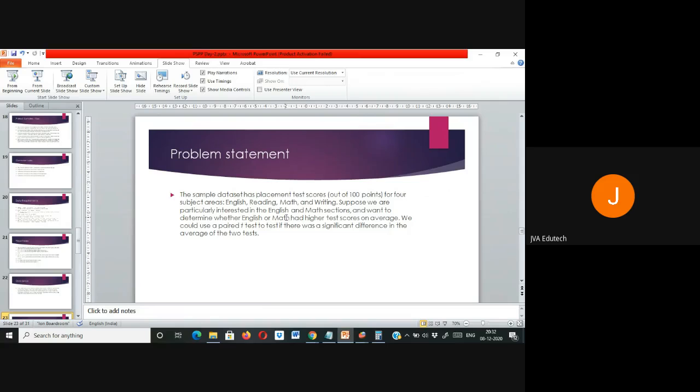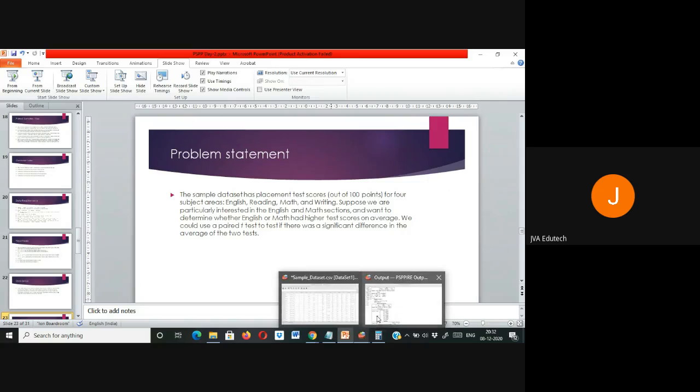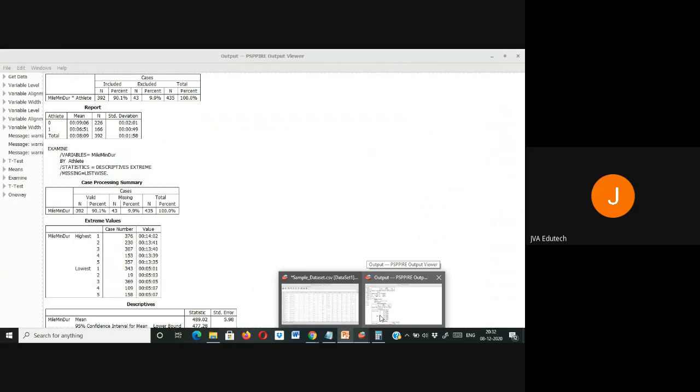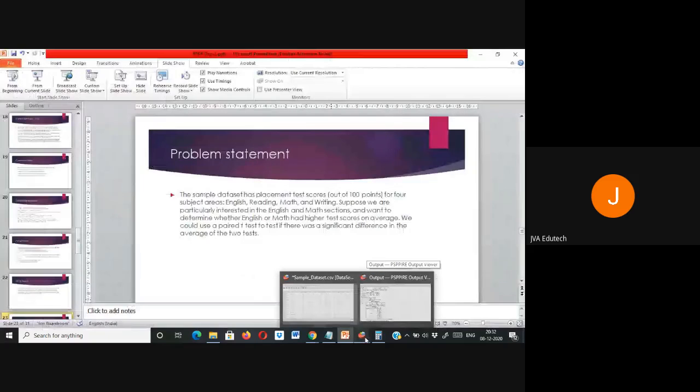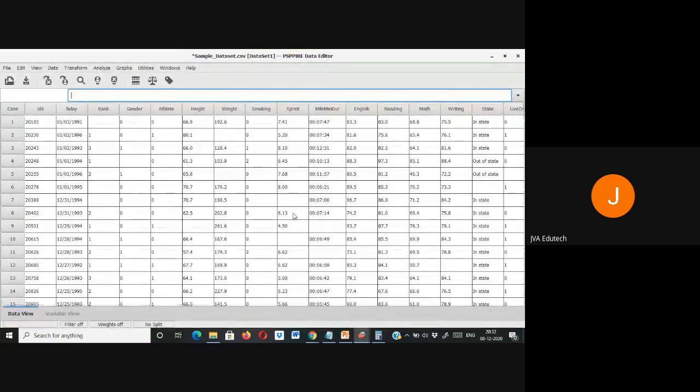So the first thing is that you can just go for descriptive statistics. Here we have the data. You can see we have the English score and the mathematics score.